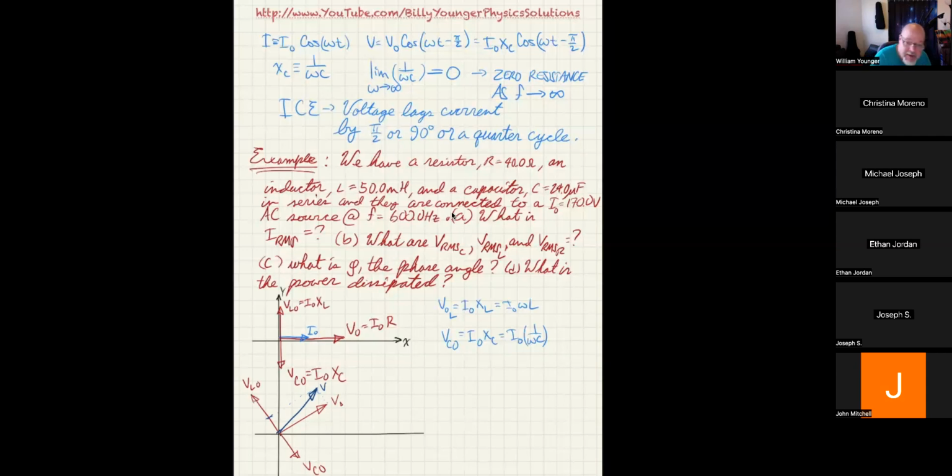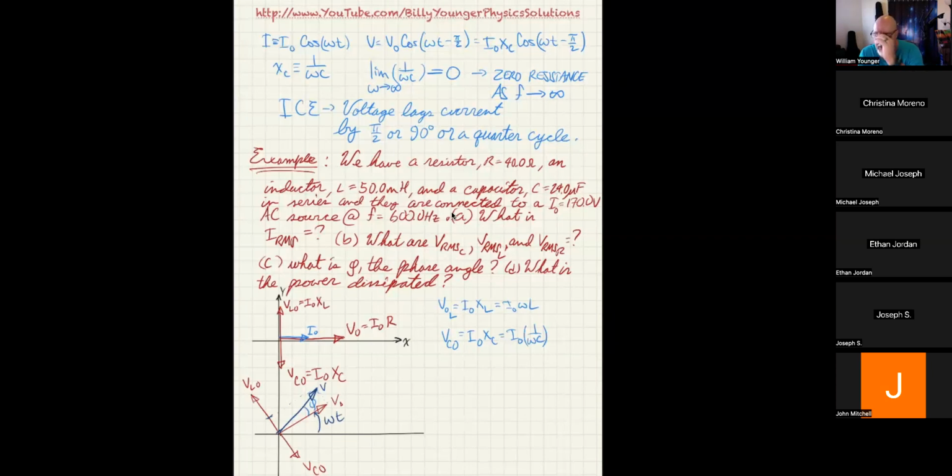But the main thing is this angle right here is omega t at a time t. So at any time t, it's going to be there. But here's the weird part. This angle right here is going to be the phase angle, and that tells you the net effect of those particular parts.